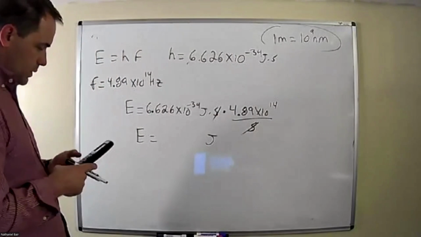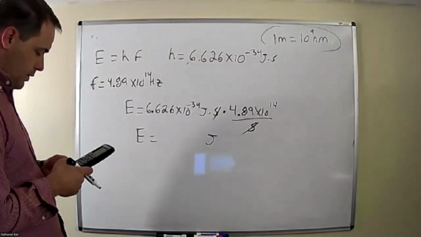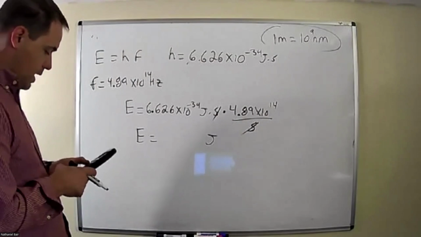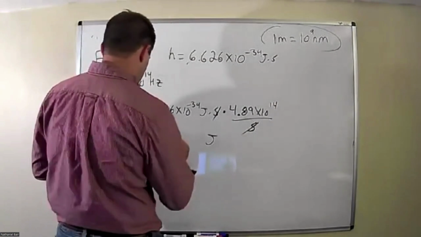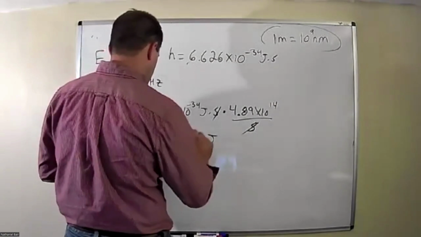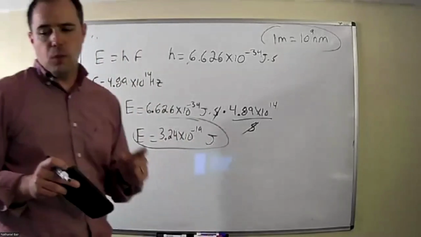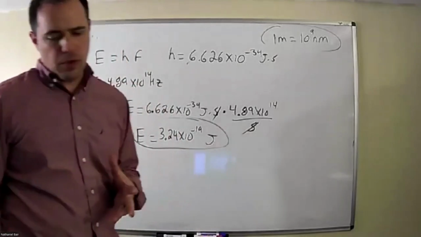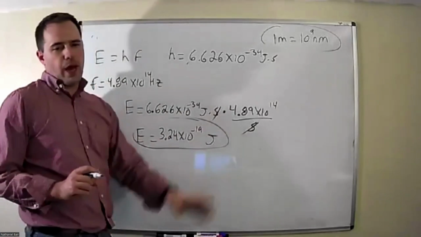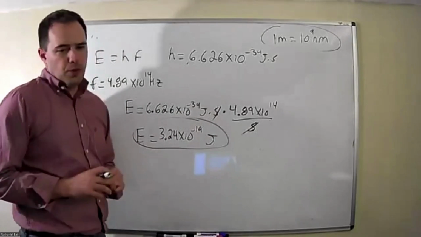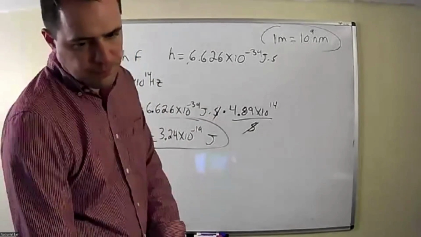So 6.626 E negative 34 times 4.89 E 14. We get 3.24 times 10 to the negative 19th joules. I know that seems like a really small number, but this is the energy of a single photon, a single packet of light. It's very small, 3.24 times 10 to the negative 19th joules.